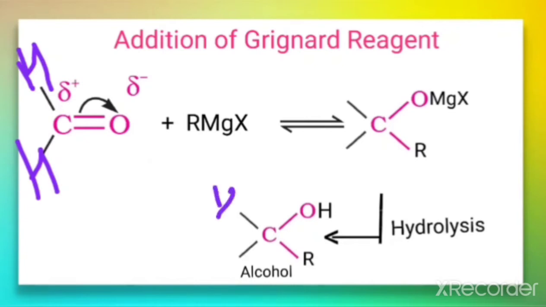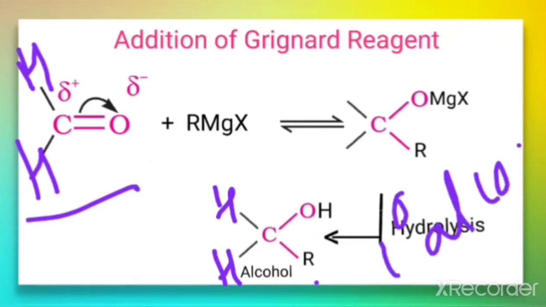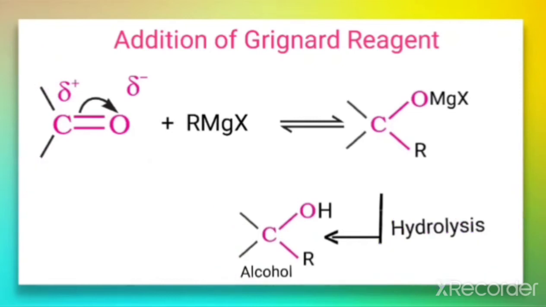When 2 H is taken, that is formaldehyde, at that time we get a 1 degree alcohol. So in order to prepare alcohol, we can add Grignard reagent to aldehydes or ketones. So this is about the reaction of aldehyde and ketone with Grignard reagent.